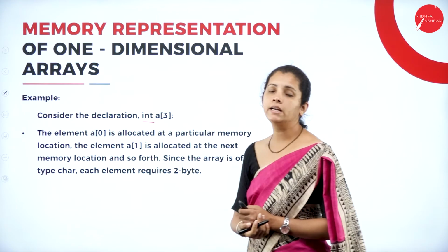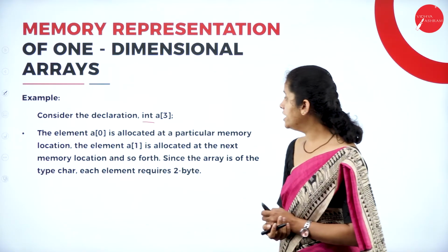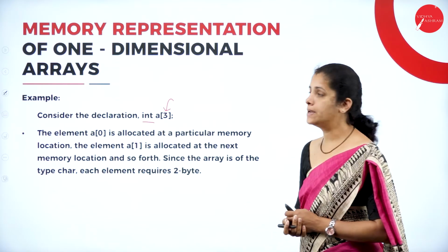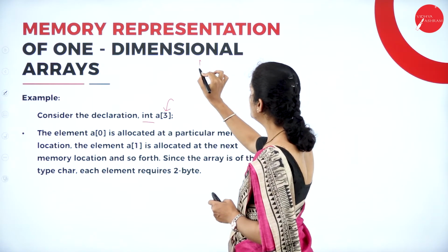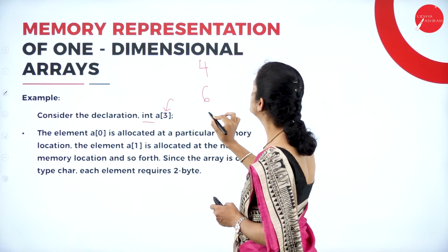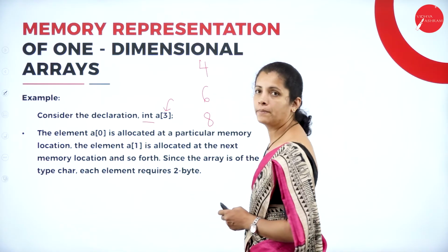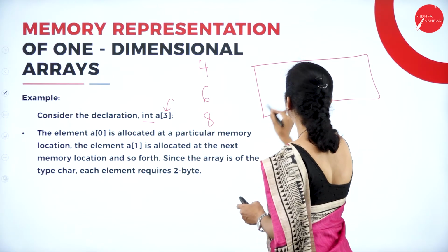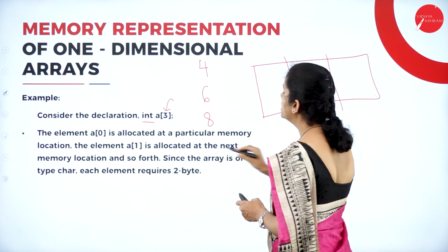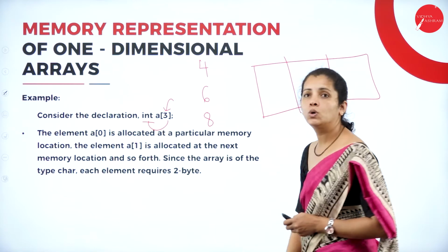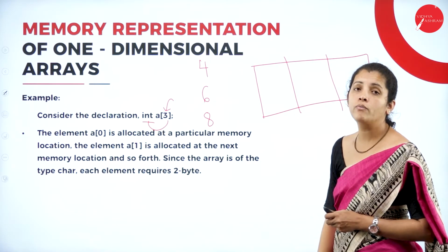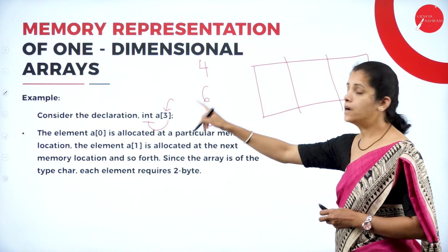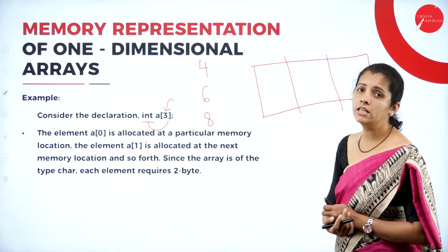So here the data type is integer, and what is the size of the array? It is 3. Now think that I'm going to read 4, 6 and 8. Okay, now let me write the memory representation first. So it is 3 into 2, total 6 bytes of memory is reserved for this array A. And what is the capacity of each block?